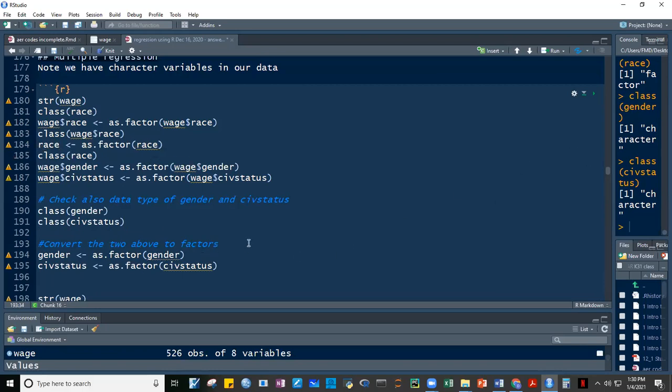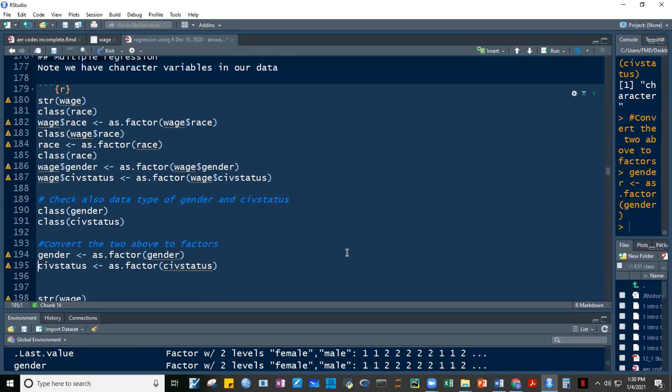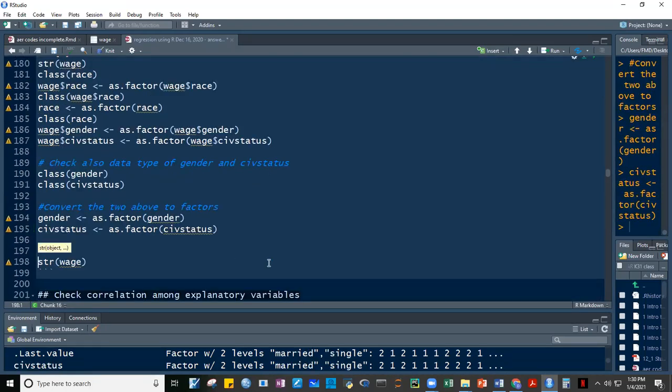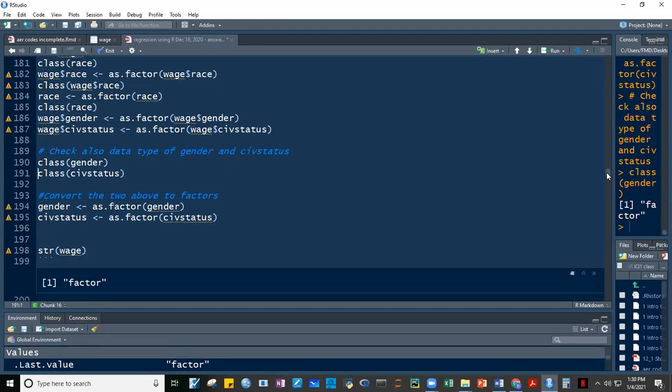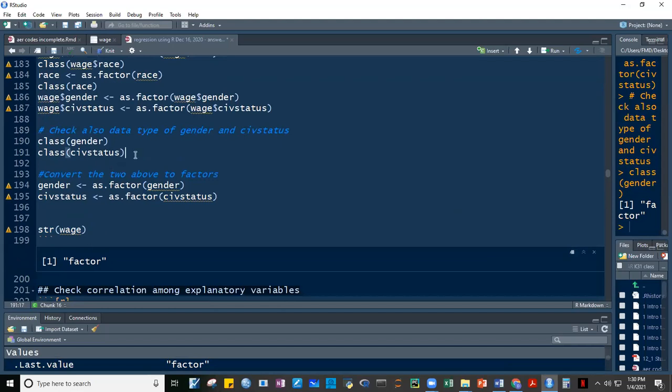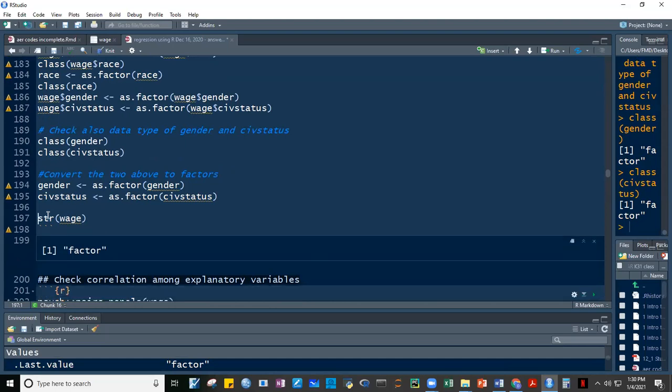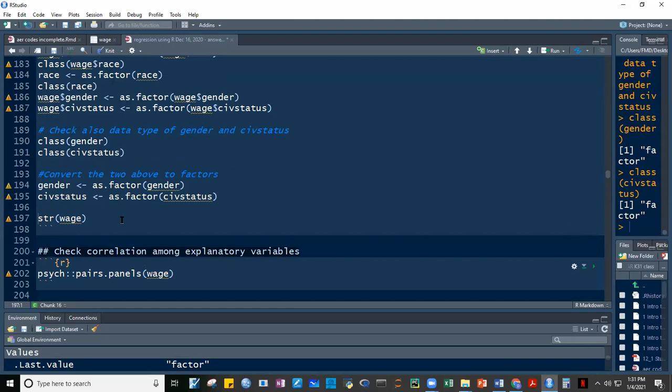Okay. Convert natin guys to factors. So si gender at saka si civil status. Okay, as factor na siya. Ganun din si civil status. As factor siya. Okay? So check natin class ni gender. Okay, factor na si gender guys. Class ni civil status, factor na rin siya. Okay, so we're okay guys. Since they're factors already, we can proceed with the regression.